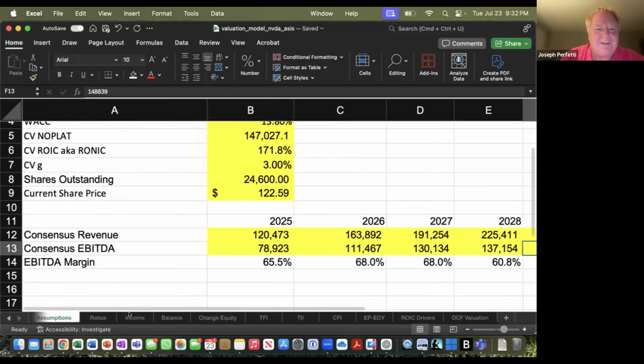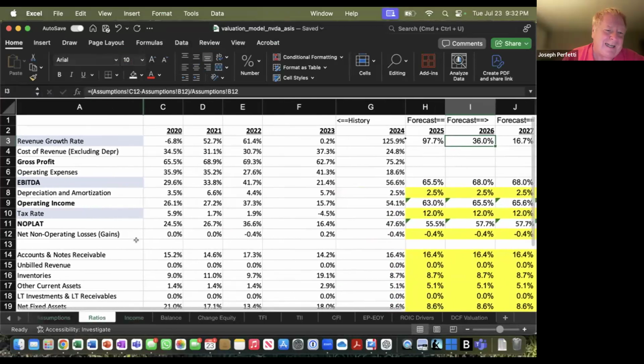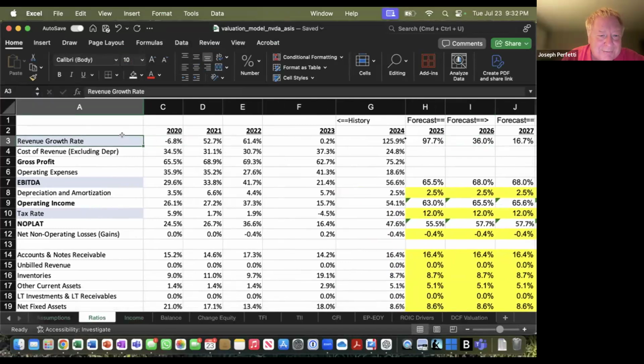So here's where we're going to try and simplify a couple things. Nobody really asked me, but do you see these three things that are in gray over here on the ratios? The reason why is because those are the three most important income statement items to forecast free cash flow. Because revenue, EBITDA, and tax rate are the key drivers of gross cash flow.